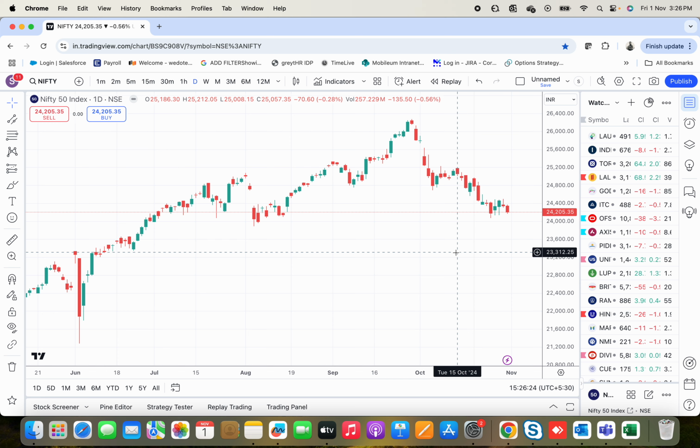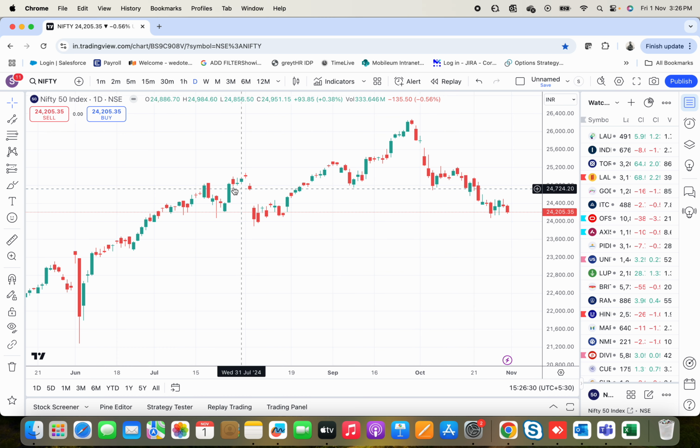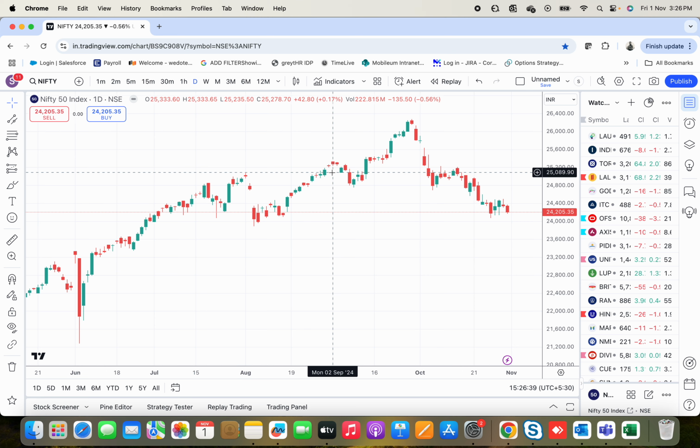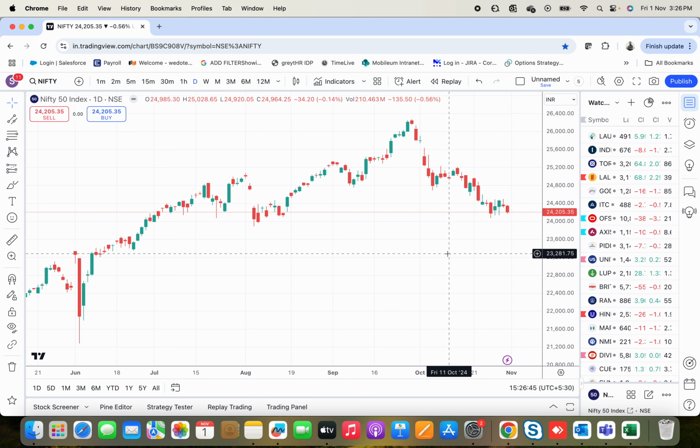In order to understand the trend, there is something called taking the average of the previous X number of bars and plotting a smooth line that indicates a trend. Let's say, for example, you have a moving average of 20.